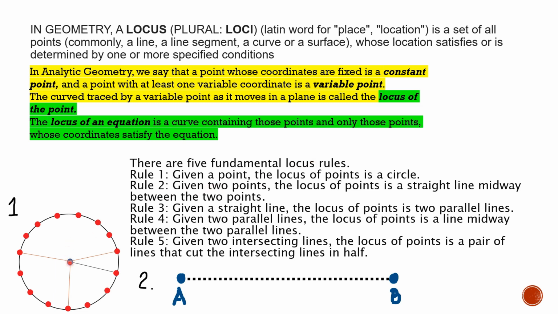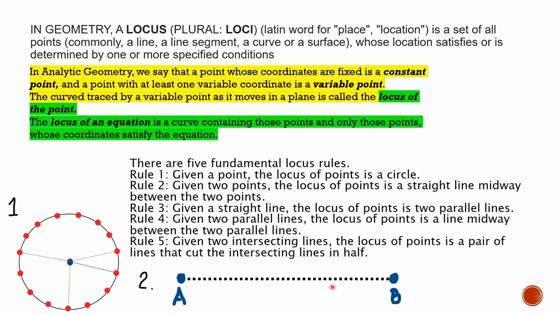Kapag given ka ng point, o di isa lang ang kondisyon yan, malamang the locus of points is a circle. Okay, bilog. If you are given 2 points, ano ang pwedeng locus niyan? O di ang locus ng point niyan is a straight line.